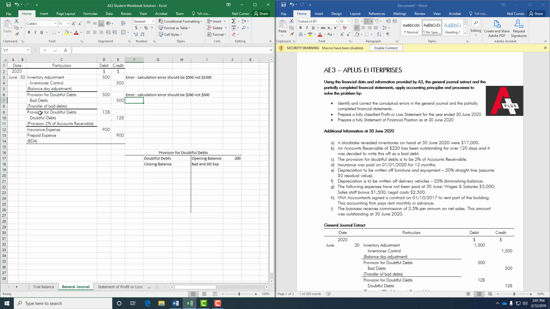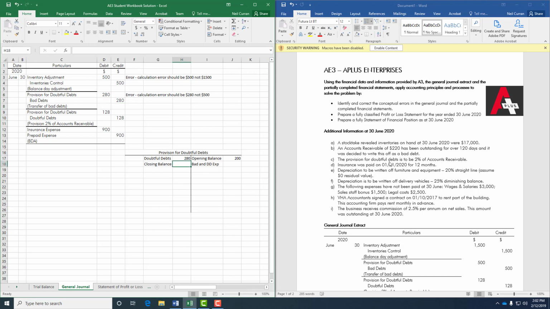Okay, and then the next part here is to do the calculation of the provision account. It says here to be 2% of accounts receivable. So more than likely this amount will be wrong as well. The first thing you need to do is to create a T-ledger account, and this amount here is basically this $280. The next thing we need to work out is the closing balance.